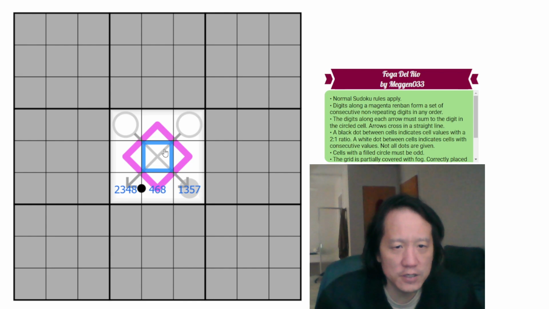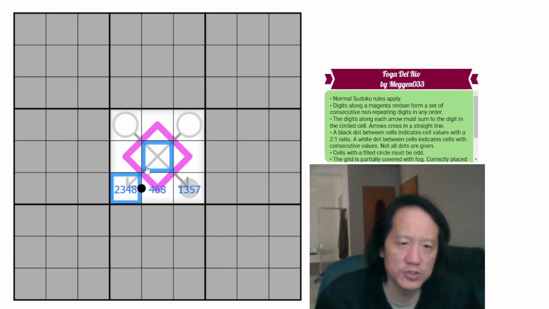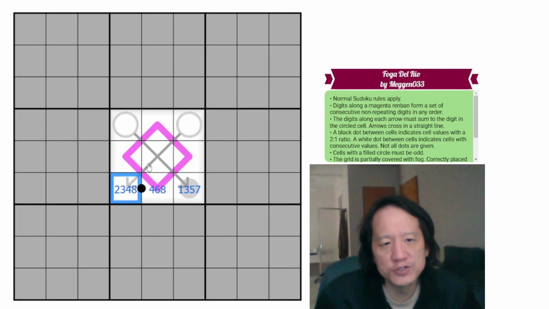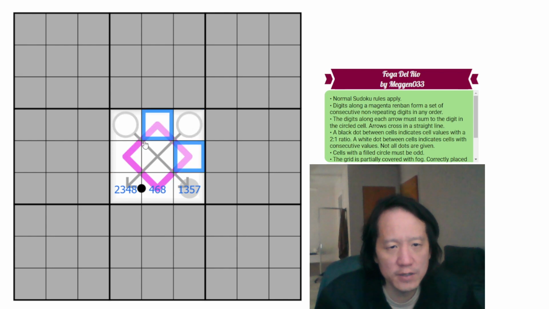That works, actually. So if this is 4, this is 2, this could be 7, and then this could be 1. 1 cannot be here because that would be 2 and 1 adding up to 3, and we basically assumed 3 was on this Renban in that case. And then so that works. Right. So if this is 4, this is 2, this would have to be 7, and this would be 1, this would be 8, this would be 9, and 3, 5, and 6 can work on the Renban.